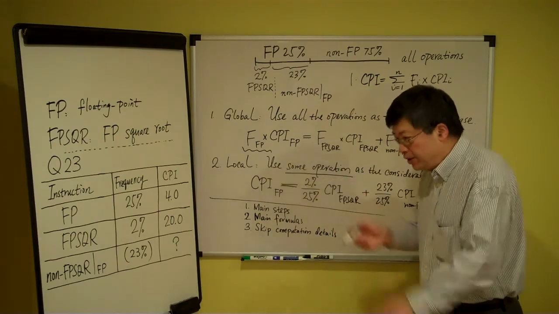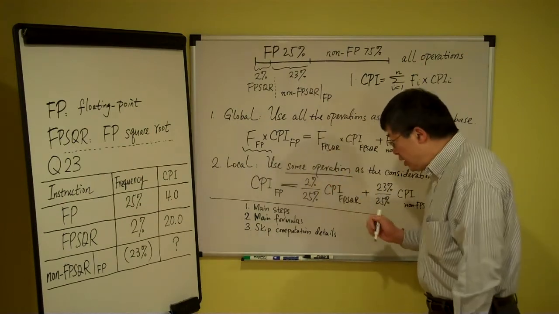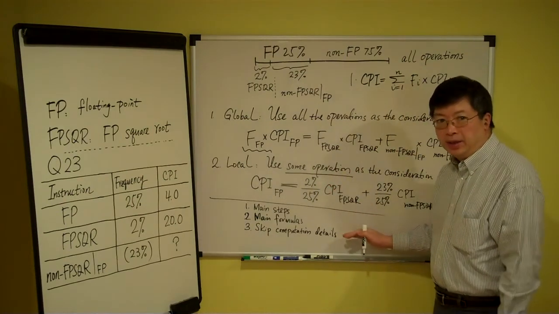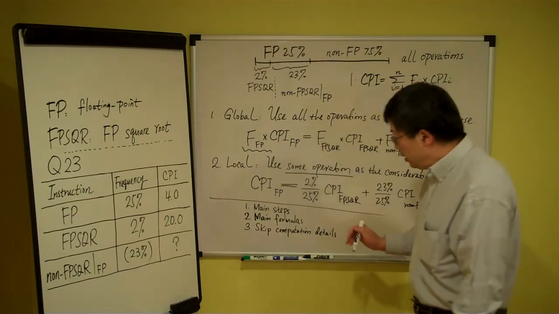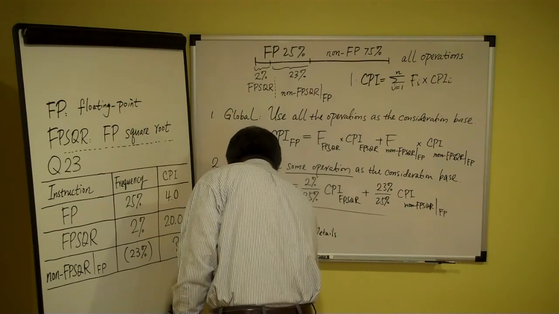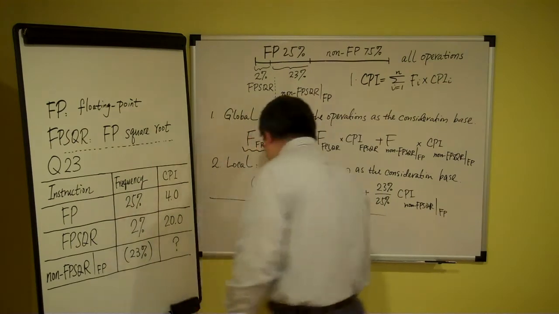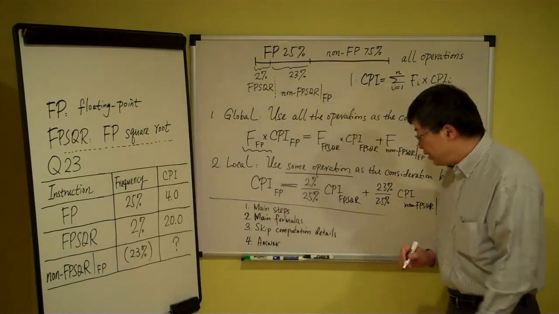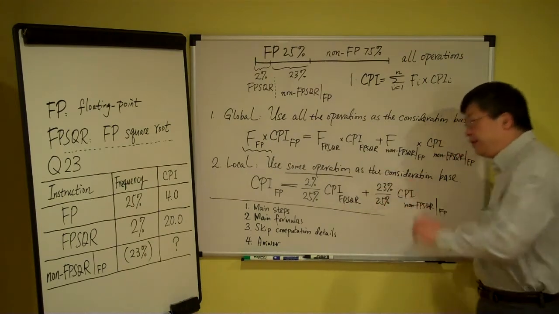That part, I think, is just the part you can do on scratch paper. So you do not need to put it here. You can skip that part. Last step, answer. You need to give the final answer. So basically, you do it that way.